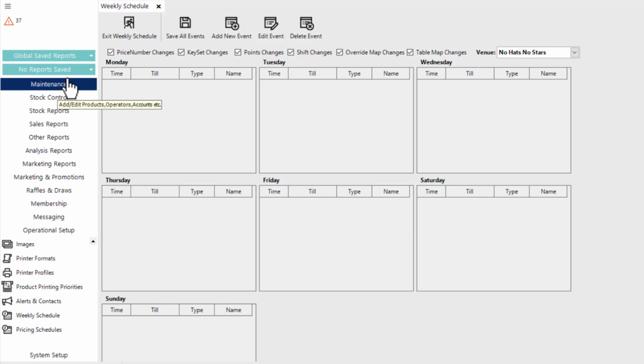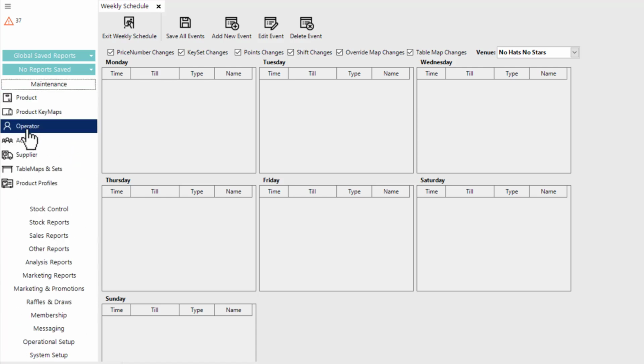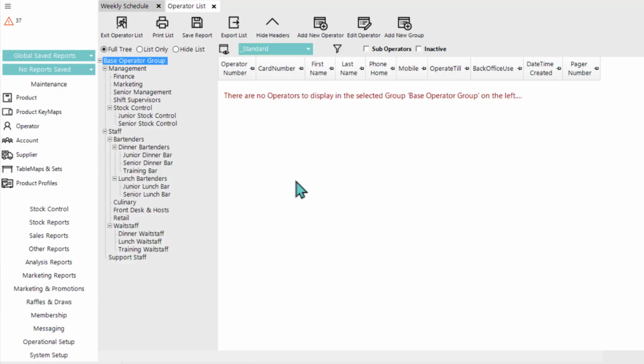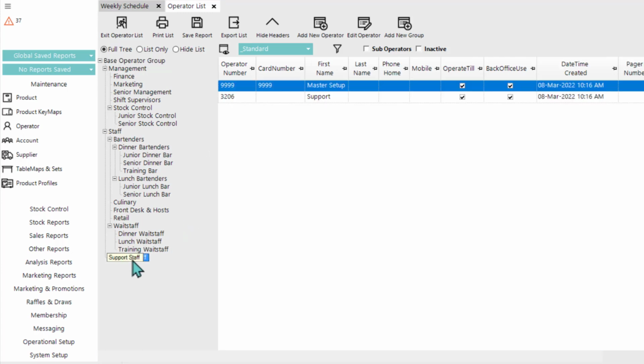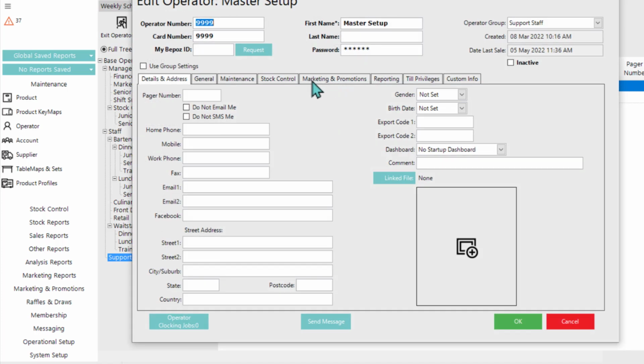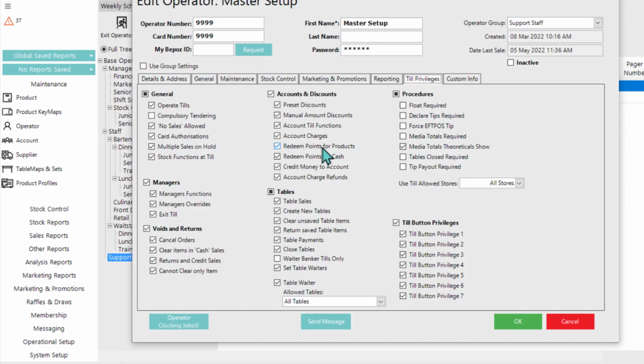Cool, let me close out of here and I'll go to operator privileges, something else that we have not considered yet today, but very much needed for redeeming points at the till. Here are our privilege flags for redeeming points for products, and a separate flag for redeeming points for cash.